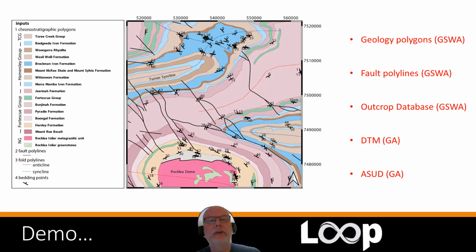We can extract the geological information from the geological polygons, from the fault polylines, from the outcrop points, from the DTM, the digital terrain model, and from the Australian Stratigraphic Units database, ASUD. And we can recombine this information to get all of the information we need to build a 3D geological model.